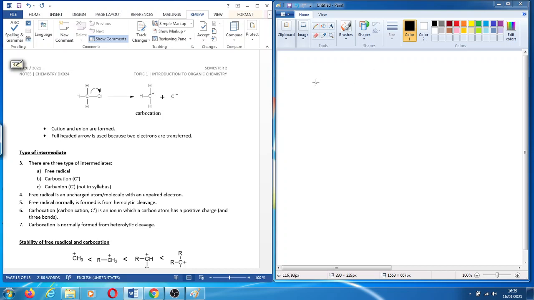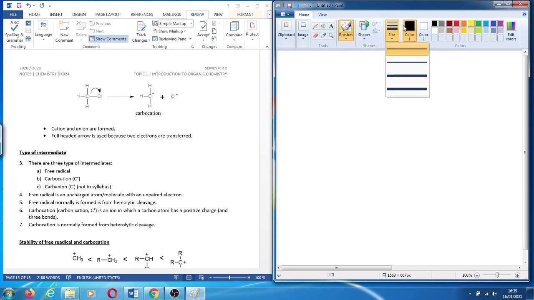Example for free radical. Free radicals such as C dot here mean this is an unpaired electron, this is a free radical. And C plus means this is a carbocation.